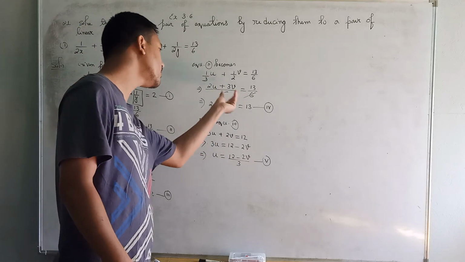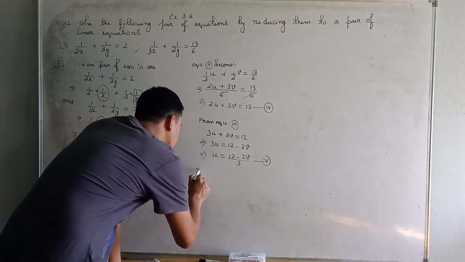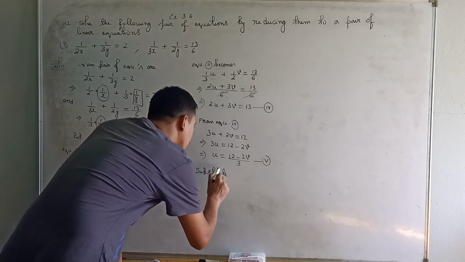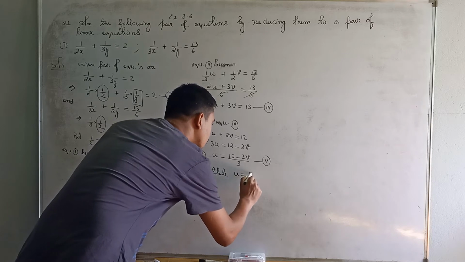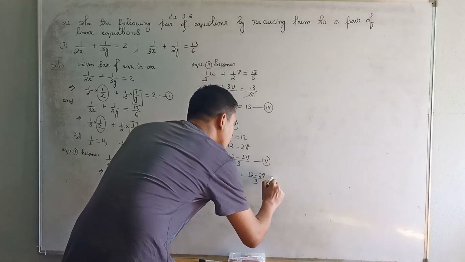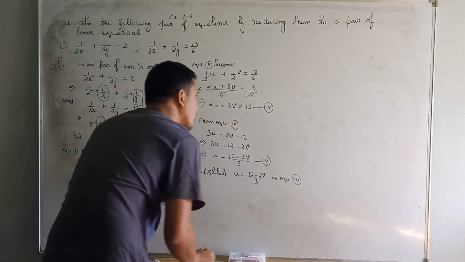So I have to substitute u in the other equation now. So substitute u is equal to 12 minus 2v upon 3 in equation 4. Look at equation 4.